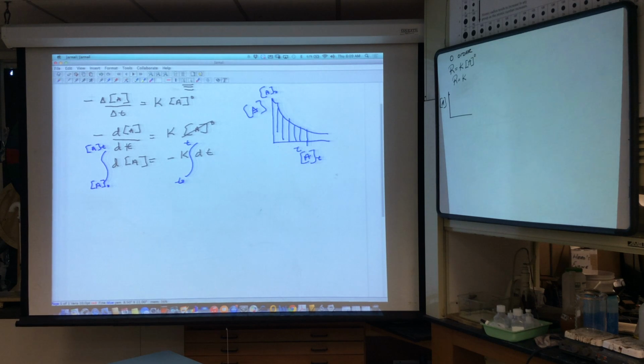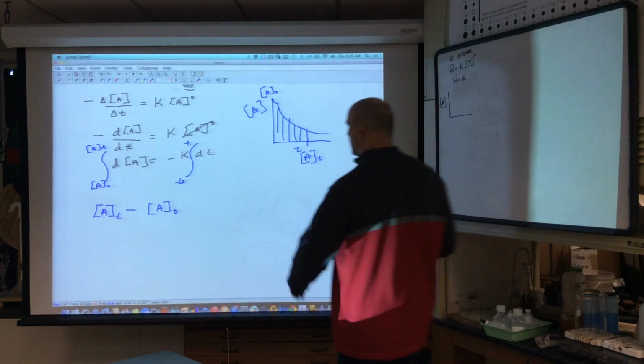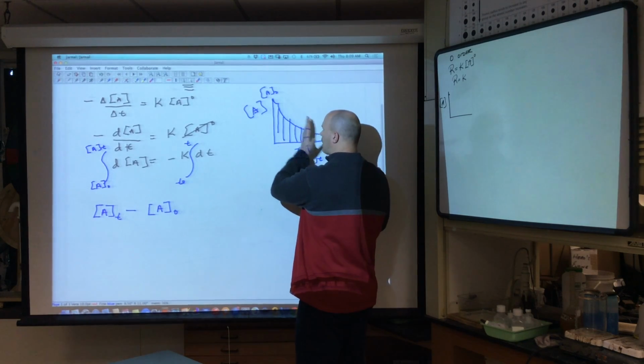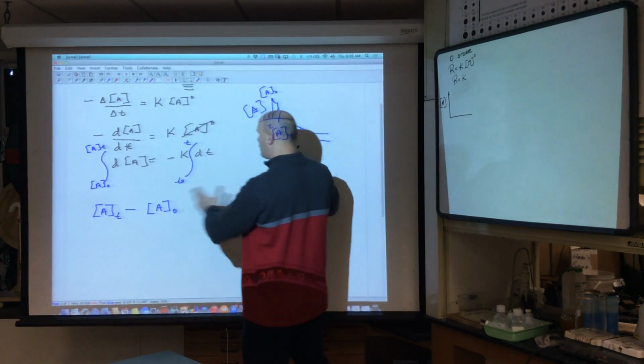Now the thing is, I took slices. So I have A at some time period, or final, minus A of some initial. That's what this gives me. I'm taking whatever the value is here, subtracting it from here to get that difference of these slices.